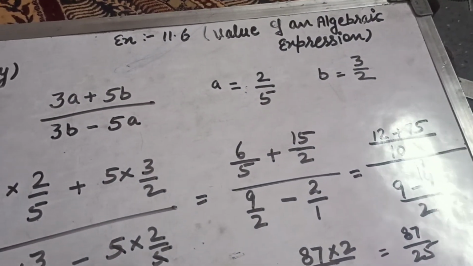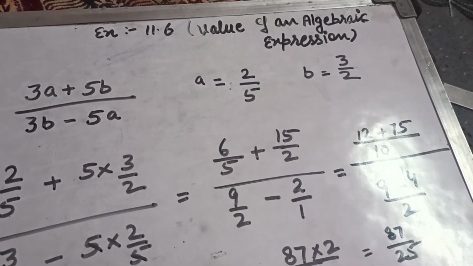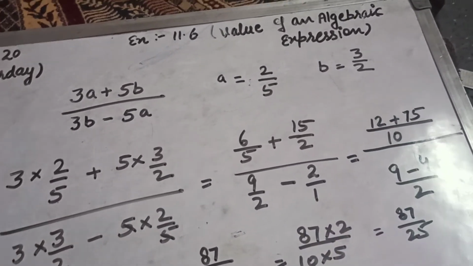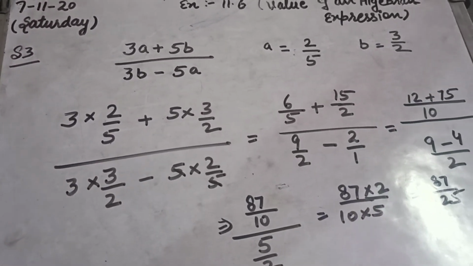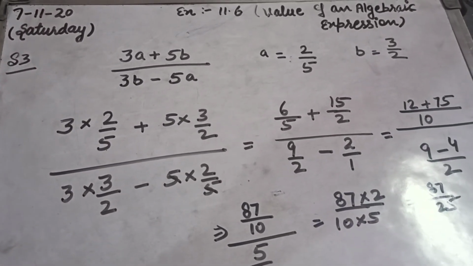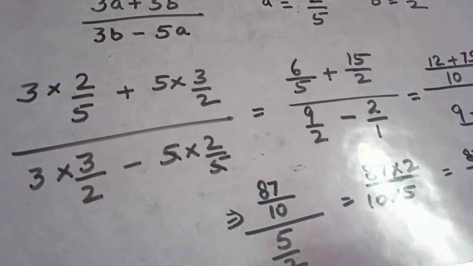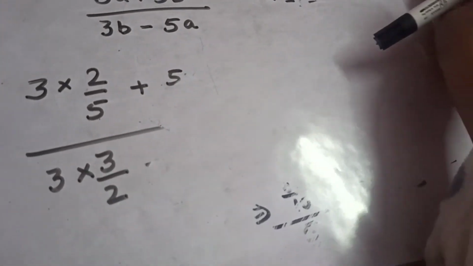Now, after S3, there are 3 more questions of this exercise 11.6. The A1 is: the length of a rectangle is twice its breadth. So firstly, we will write about the length and breadth.